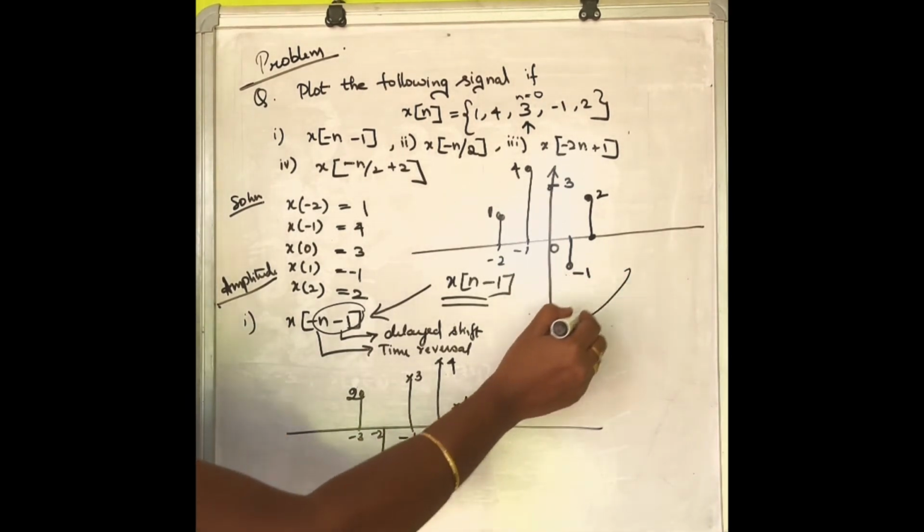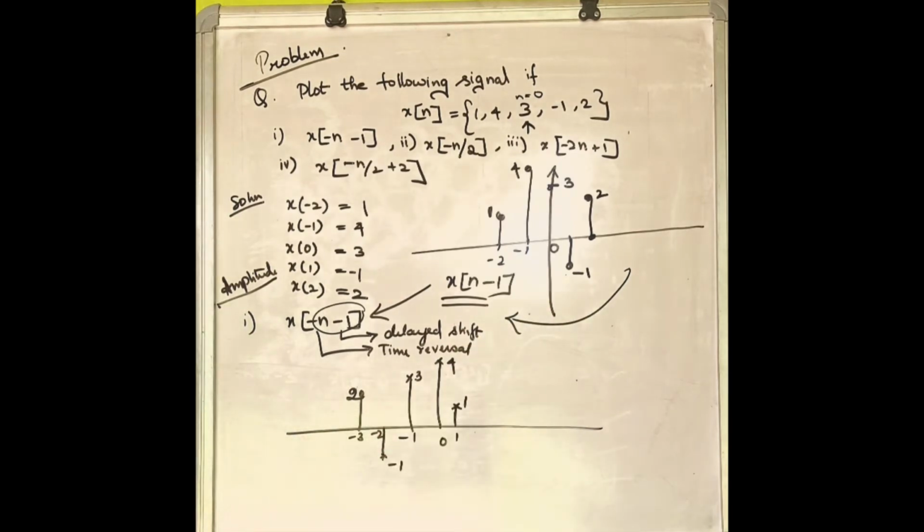All those signals will come here and this will go. Fine. So this is your x of -n -1. So we have done the first problem.